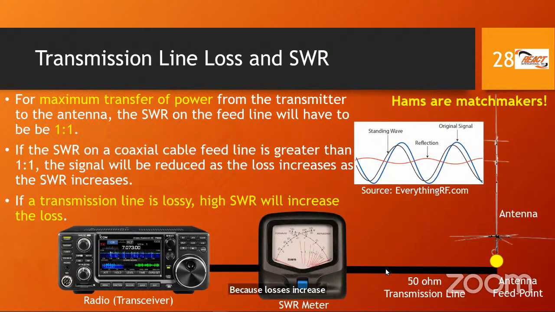So we'll come to a slide that talks about that a little more, but we just need to know that the higher the SWR on your transmission coax line, the more reduction will occur as the SWR goes higher and higher, right? So SWR gives you a double whammy. It's high SWR is not a good thing. No, the reality is that you may not be able to tune the SWR down to 1:1 in all instances, right?